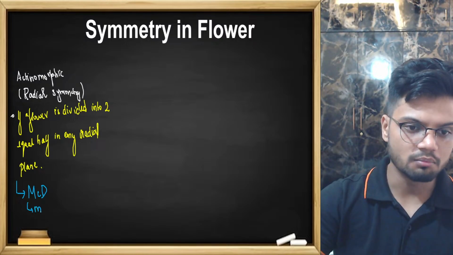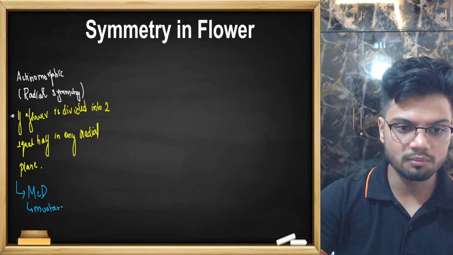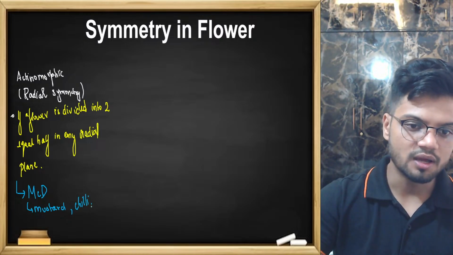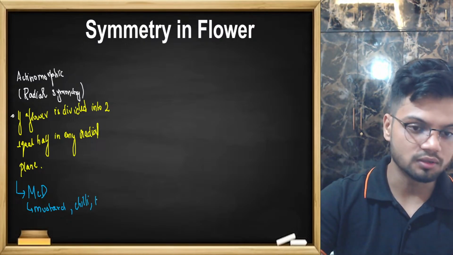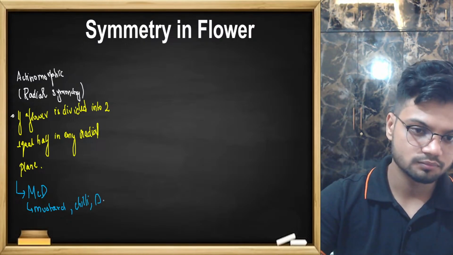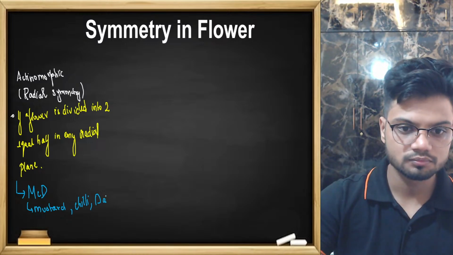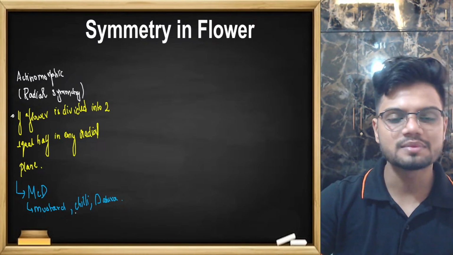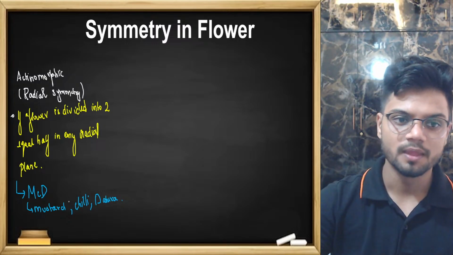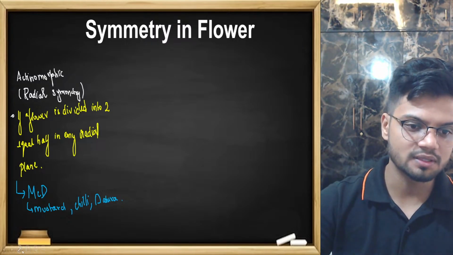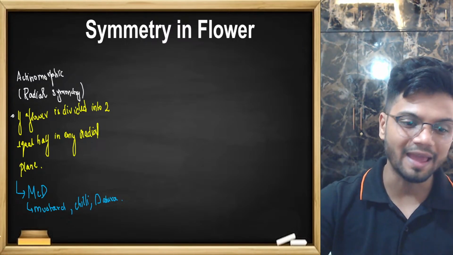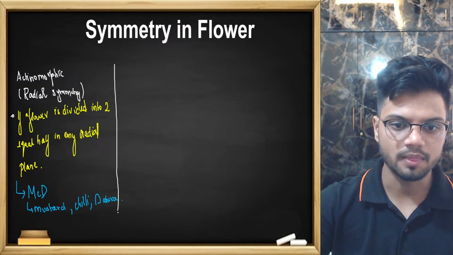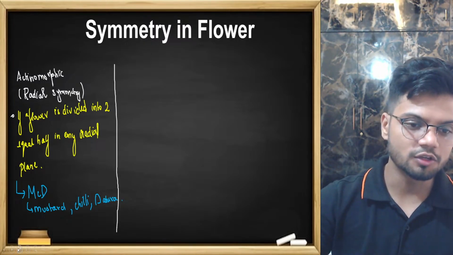M for mustard, C for chili, and D for datura. Clear? MCD, mustard, chili, datura. That is actinomorphic. You can divide in any plane.